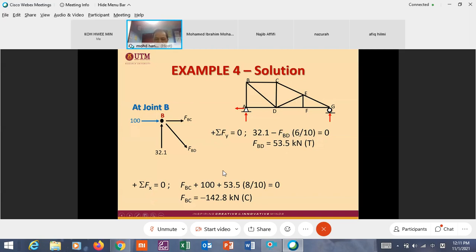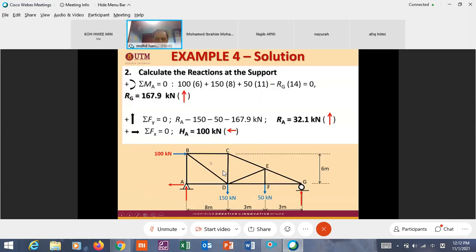6/10 is the y component, or we can use the FBD sine of the angle between the x or y axis and this member. But here we don't use the sine and cosine; we use this one. What is 6/10? 6/10 is actually, this one is 10.